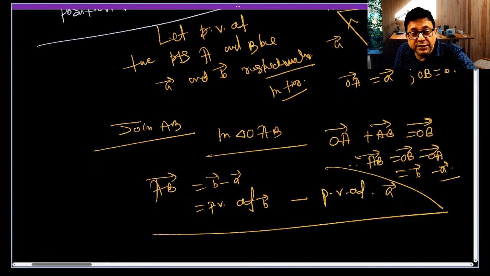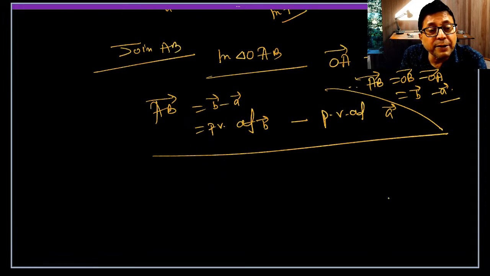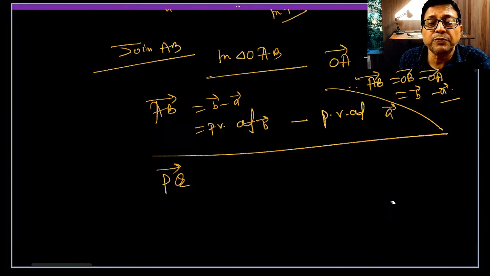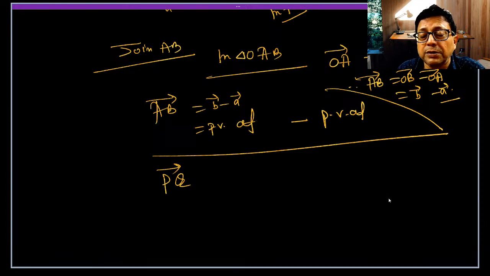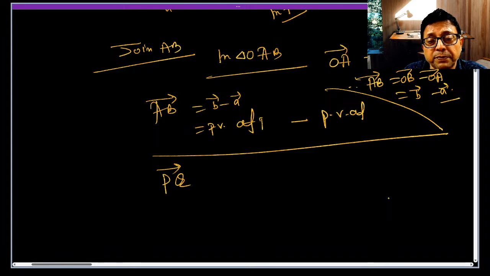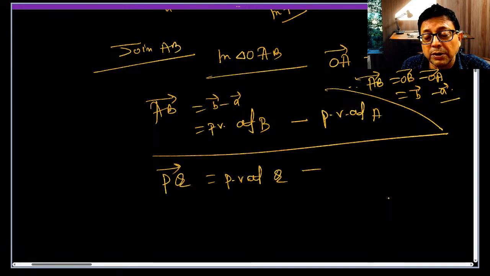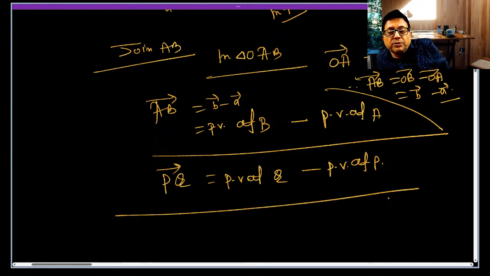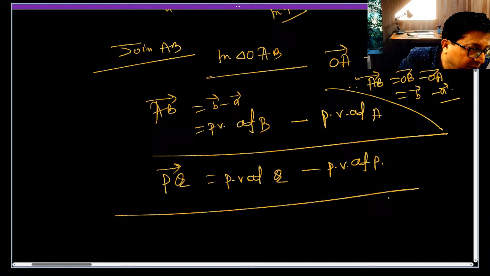If we have AB vector, it will be position vector of B minus position vector of A. If we have PQ vector, how will I write? It will be position vector of Q minus position vector of P. Clear? This will be PQ vector.